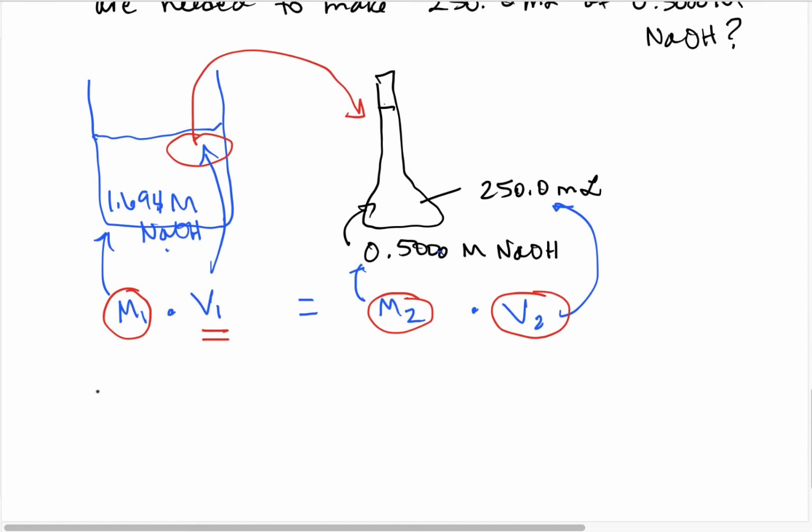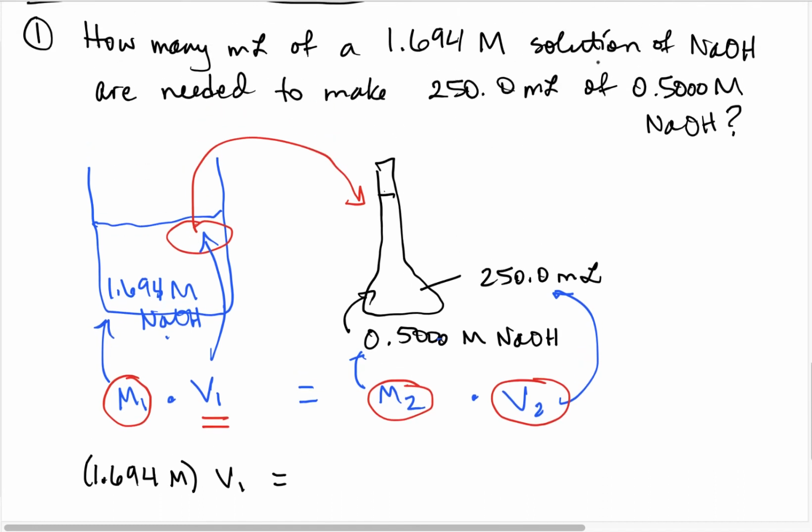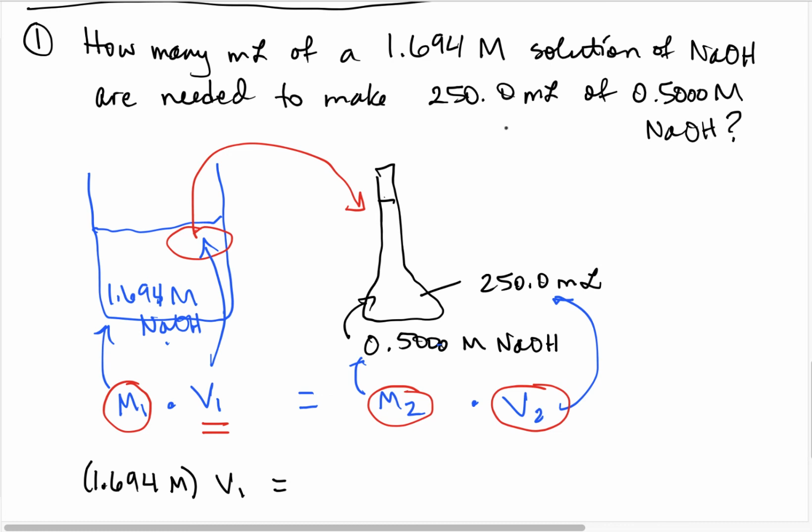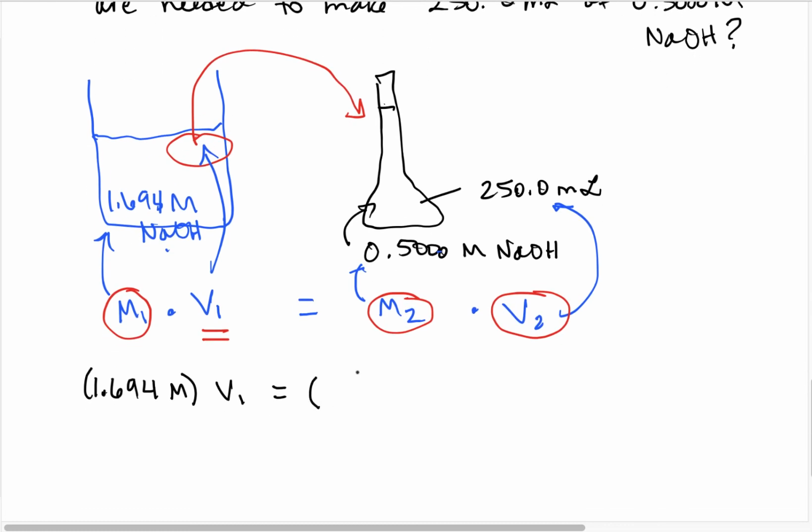The other thing that you can notice from this, if I set this up, is that if we were solving for the moles first, then I would need to convert my milliliters into liters in order to multiply by that volume or by that molarity there. But here, notice what happens if I have milliliters as my desired unit and I set up this equation with these numbers in it.